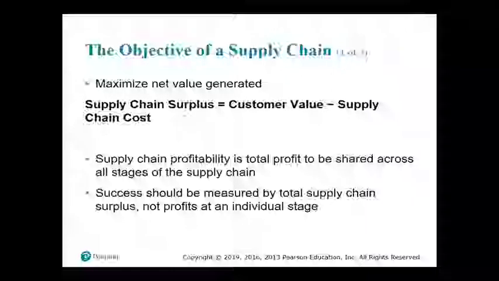However, that is a proxy but not the actual goal of a supply chain. The actual objective of a supply chain is to generate the maximum supply chain surplus. Supply chain surplus is different from supply chain profit. Surplus is the difference between customer value and the cost of the supply chain.